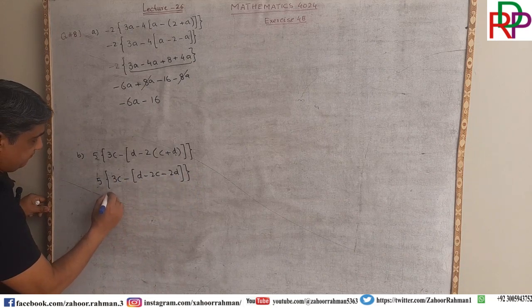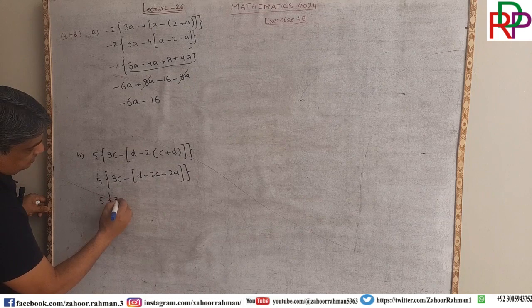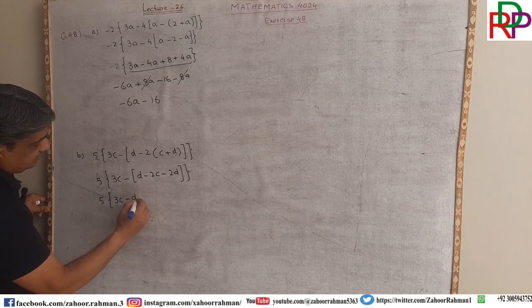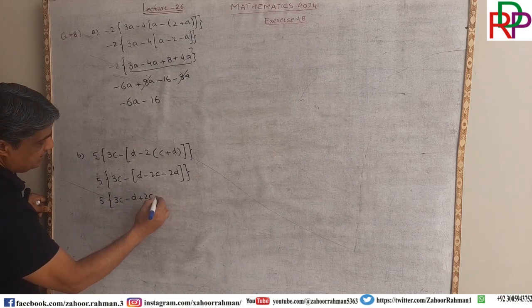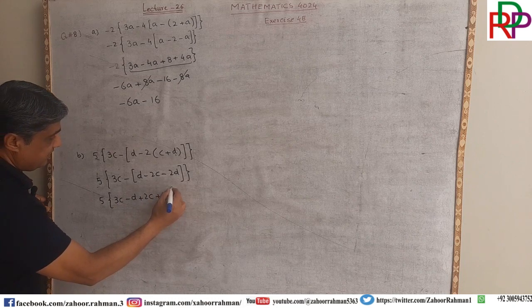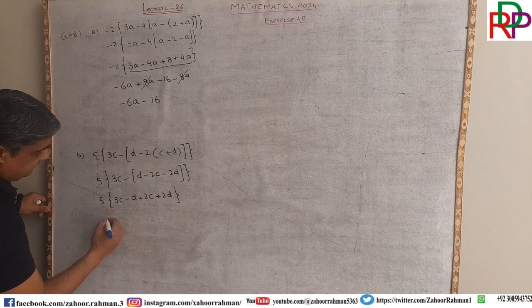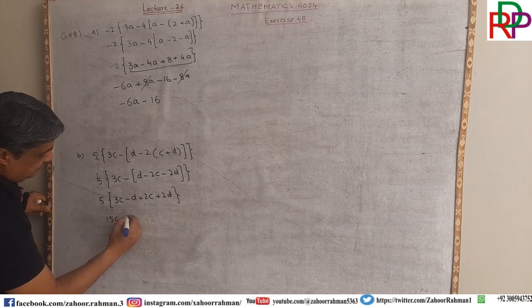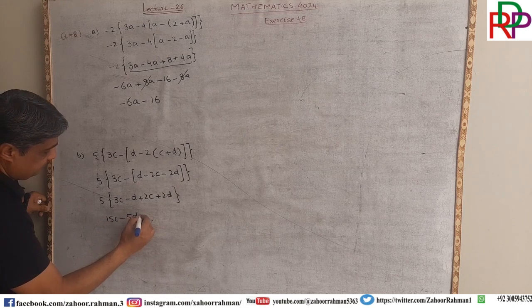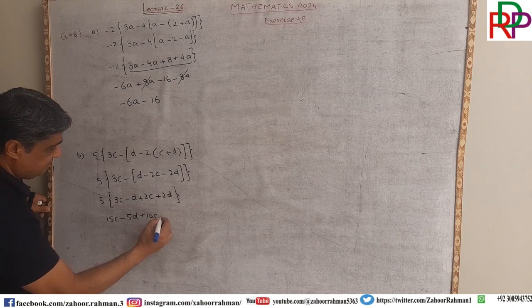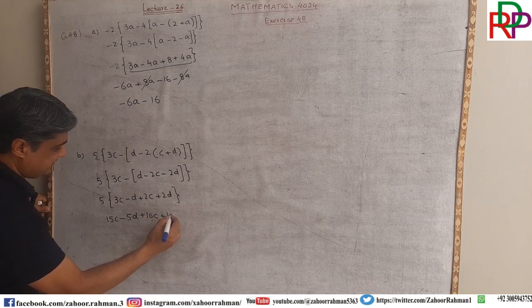So 5 into 3c minus d plus 2c plus 2d, and then we have to multiply it: 15c minus 5d plus 10c plus 10d.